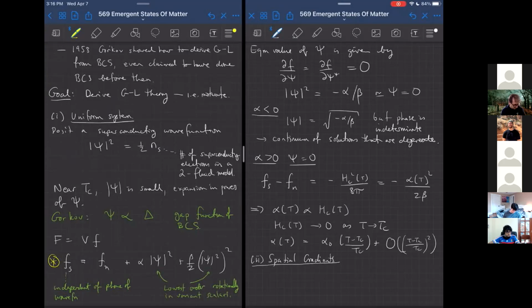So what we expect is that there should be an energy penalty for spatial gradients, and it's got to be isotropic and phase invariant, and also analytic in psi.